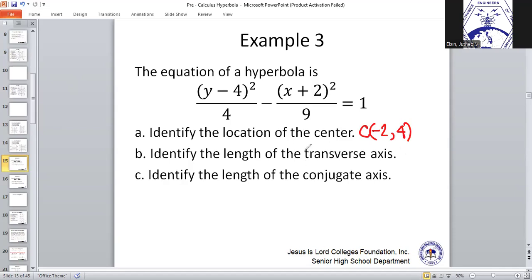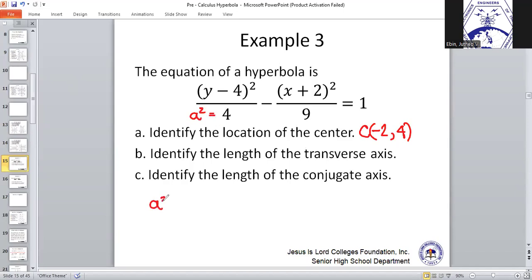Identify the length of the transverse axis. Si transverse axis, lagi siyang nasa denominator ng positive, yung unang denominator.